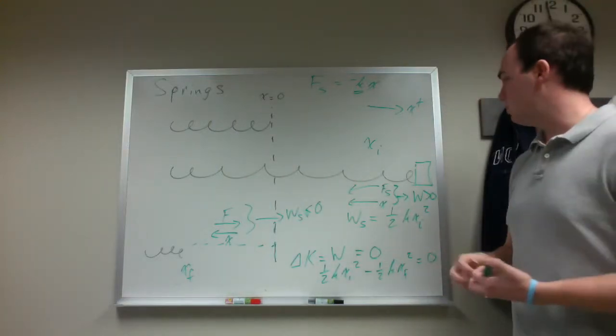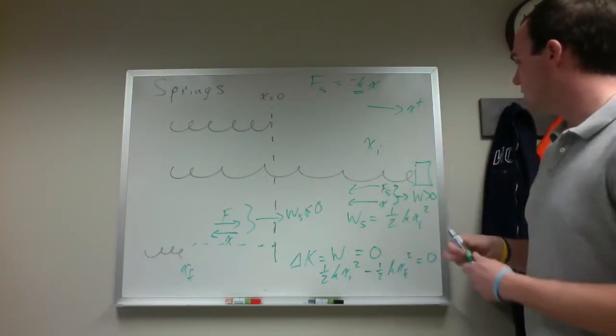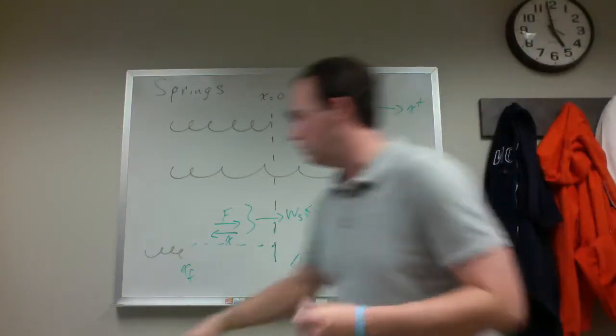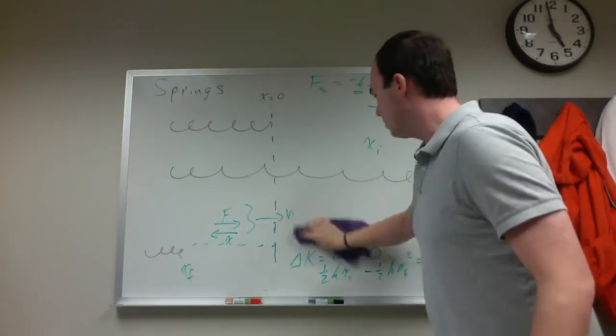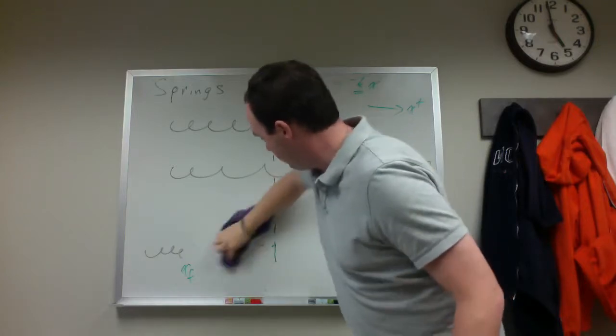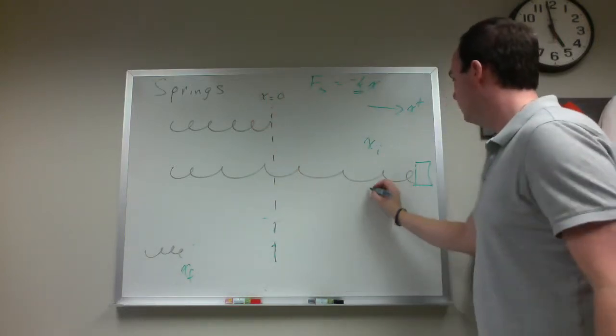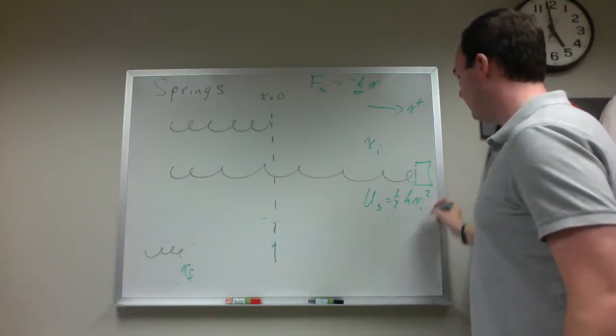Now I could also do this in terms of potential energy. The potential energy for the spring is always positive, because the potential energy is given by 1/2 k x initial squared.